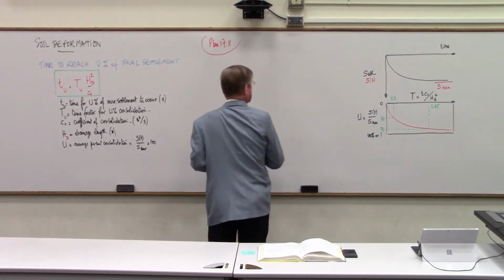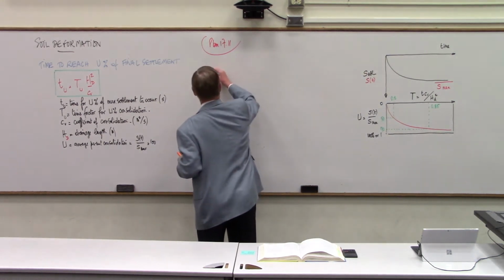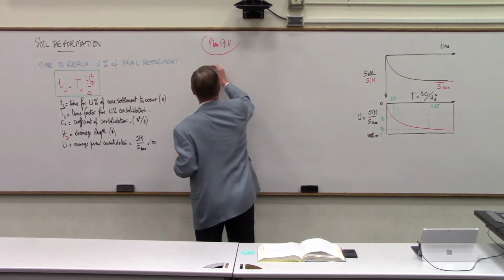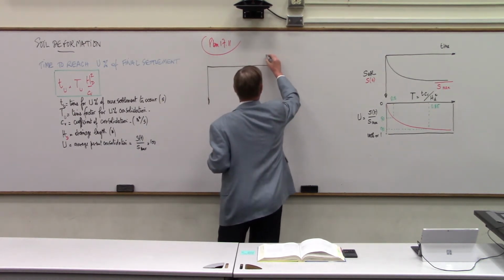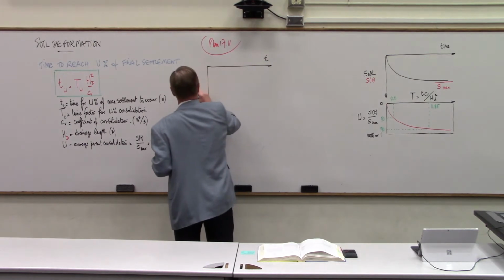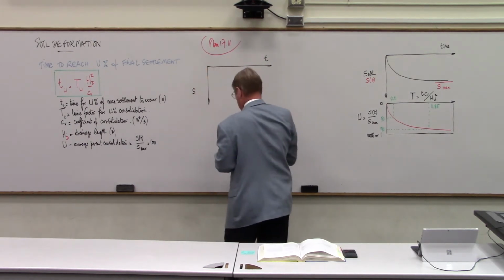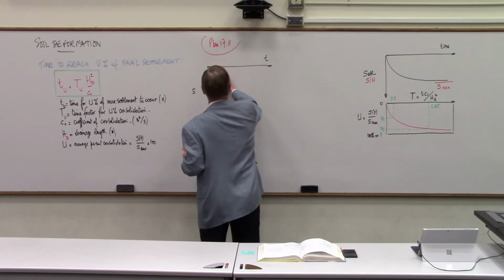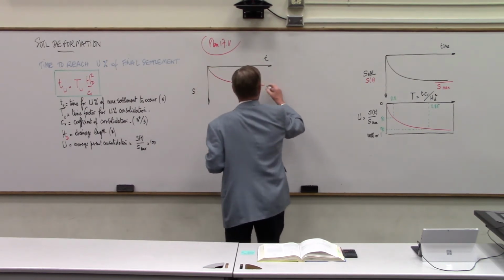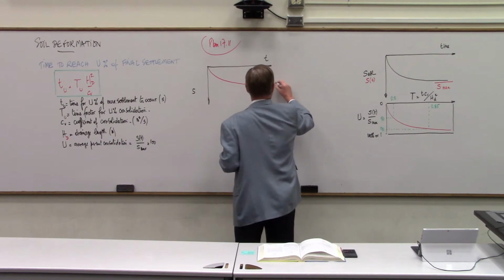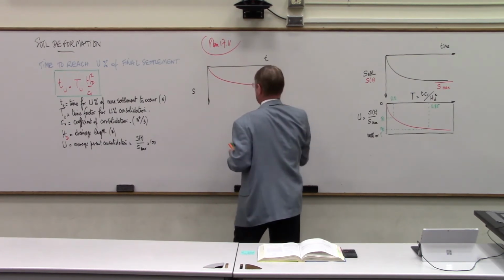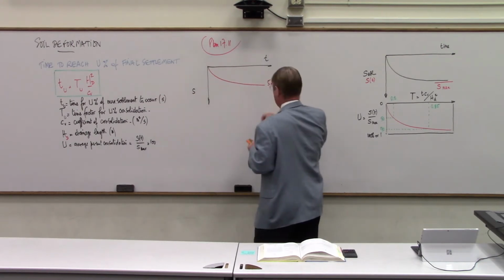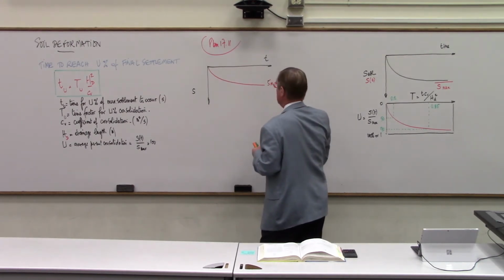So what I'm saying is that if you have a case of a settlement, and you have a 5-meter high embankment, then it's going to take so much time to reach 90%.